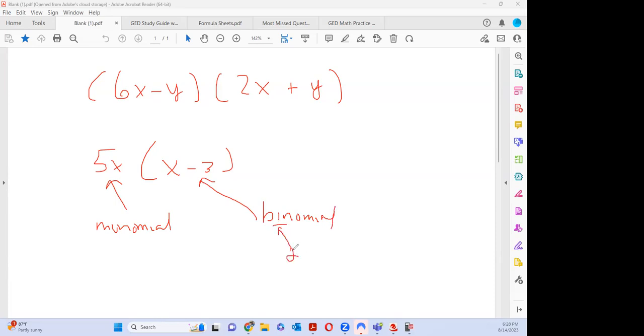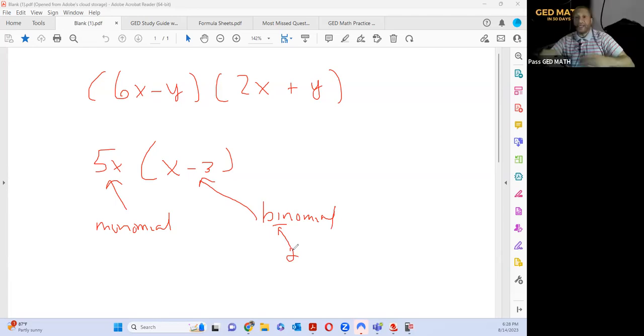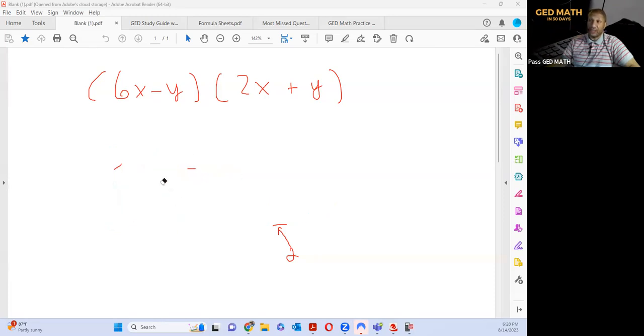When they use polynomial, all they mean is more than one. It could be 2 terms, 3 terms, 4 terms, or 1,000 terms. Especially for the GED, for most intents and purposes, you've got to multiply binomials.